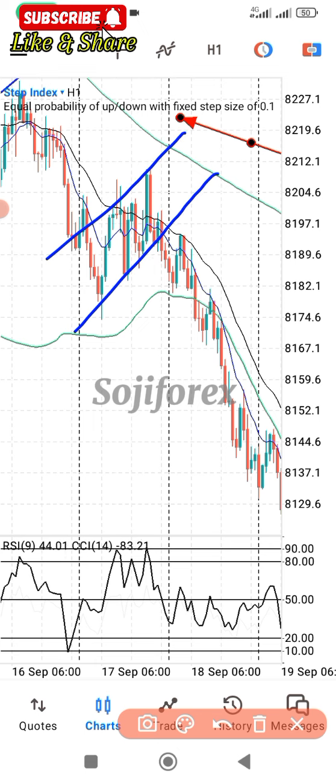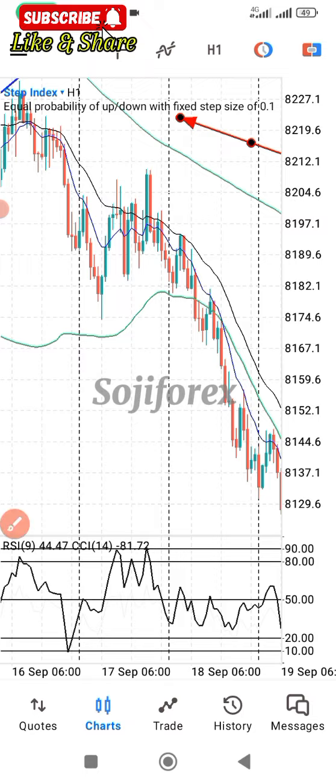This is another bearish flag pattern, you can see beautifully. And look at this, our indicator window is at that zone, and we move again.